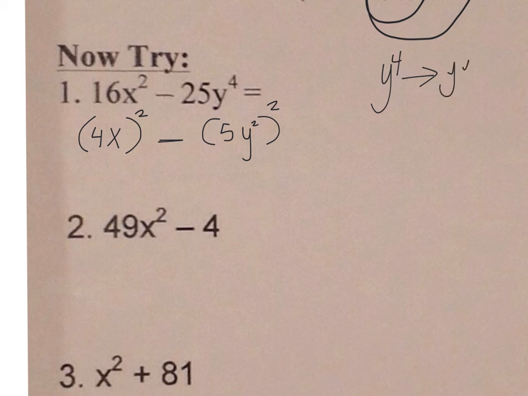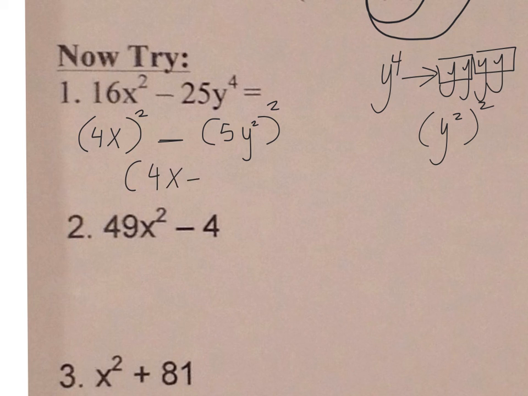So we have 4 of the y's. So that is y squared to the power 2, because there are 2 of them. So every time you have an even power, whatever it is, you can always write it as a square of something. Now, because it's difference of two squares, I can directly apply the rule: 4x minus 5y squared. That would be my first factor.